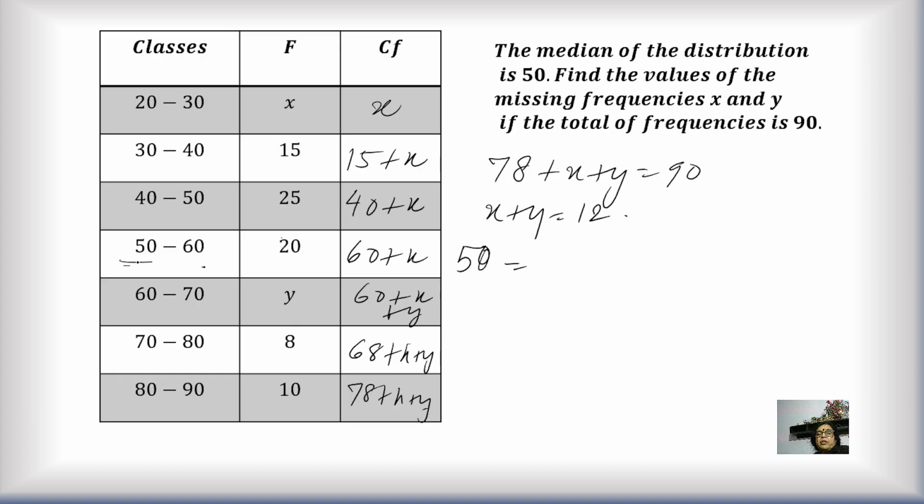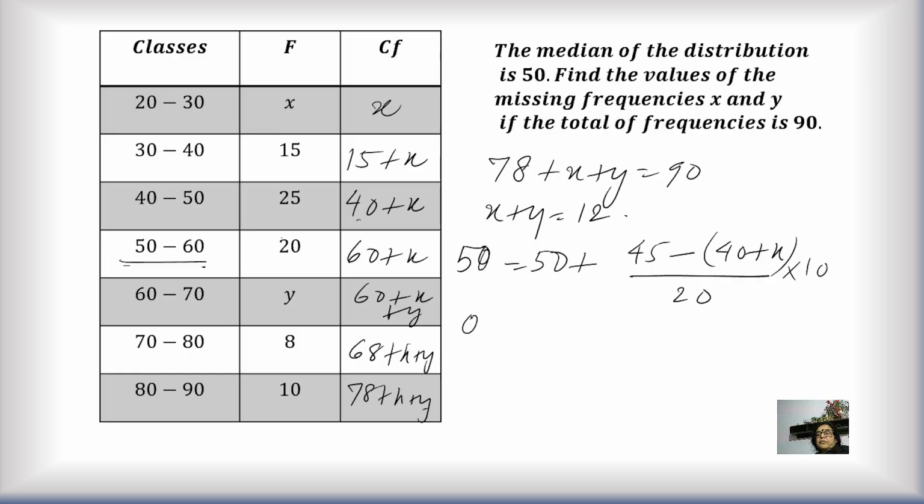So the lower limit of the median class is 50 plus n by 2, that is 90 by 2, that is 45, minus cumulative frequency of the preceding class, that is 40 plus x. Put it in brackets so that you don't make any mistake in sign. By the frequency of the median class, that is 20, into the class interval, that is 10.